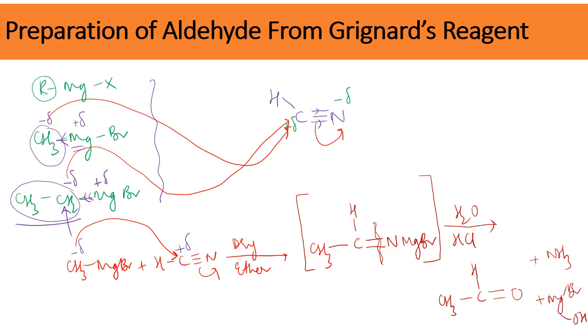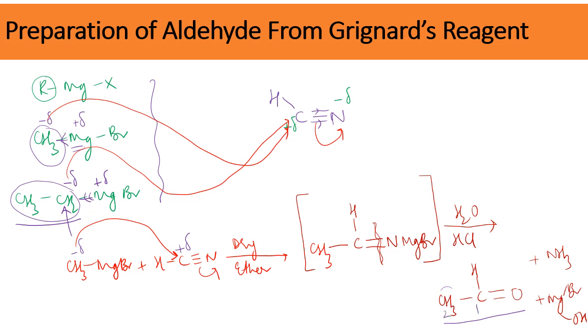In this whole equation, there are a few factors which you are supposed to pay attention to. In the final product, you see here, this final product is ethanal, a 2 carbon aldehyde, right? How many carbons does it have? It has 2 carbons, 1 and 2, right?